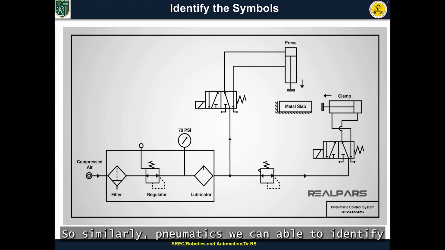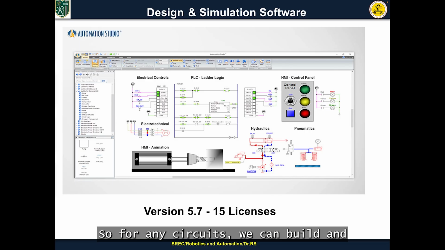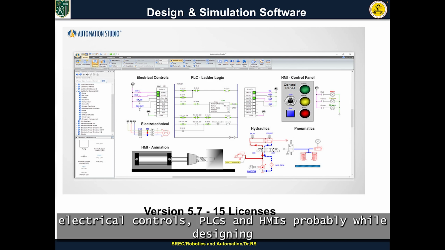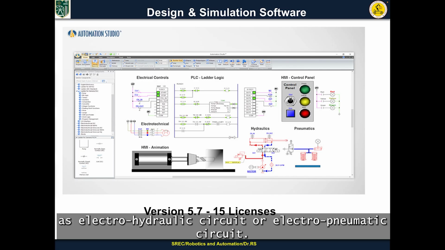So similarly in pneumatics we can identify all the symbols. So for any circuits, we can build and identify, as well as define the symbols being used. Not only pneumatic circuits or hydraulic circuits can we develop, we can also combine electrical controls, PLCs and HMIs while designing hydraulic and pneumatic circuits, which we call electro hydraulic circuits or electro pneumatic circuits.